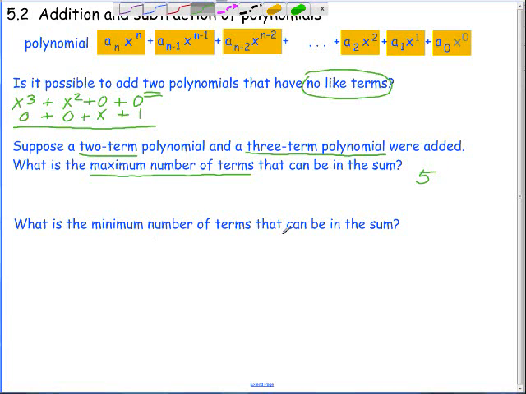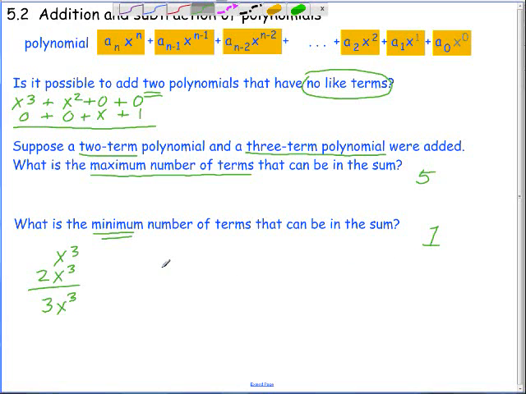What's the minimum number of terms that can be in a sum? Well, of course, we're talking about sum of polynomials. What's the minimum number you could have? Well, suppose I was adding this polynomial, x cubed, and this polynomial, x to the 3rd power. My sum, so that would be 1.